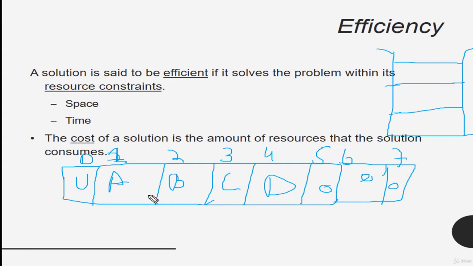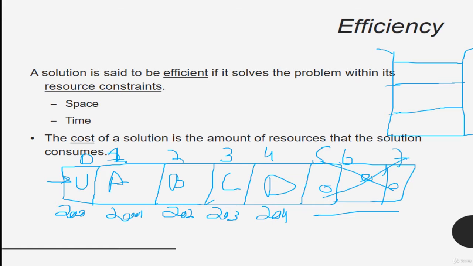If you want to allocate memory to U, let's say I start from 200, so that will be 201, 202, 203, 204, and these spaces are empty. So the data structure will leave these spaces and take only the memory locations of these. This is what is called a data structure.